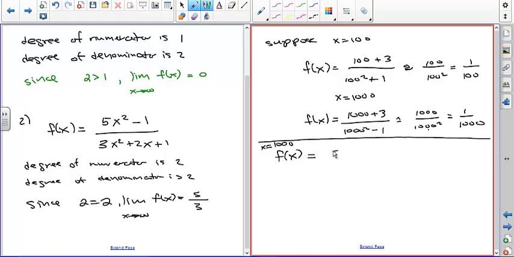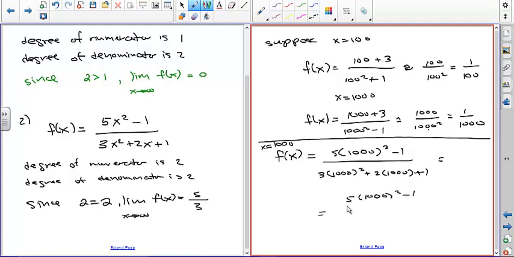You'd have 5 times 1,000 squared minus 1 divided by 3 times 1,000 squared plus 2 times 1,000 plus 1, which is approximately equal to 5 times 1,000 squared divided by 3 times 1,000 squared.